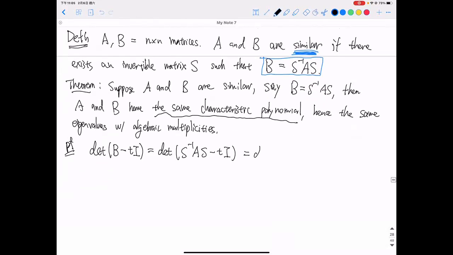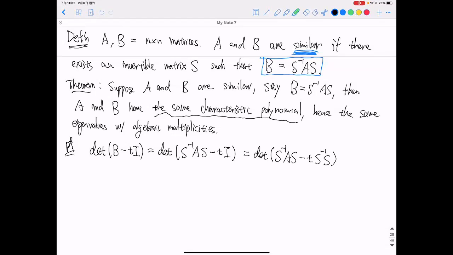Now, here's the trick we're going to use. The identity matrix is the product of S inverse with S, that's the definition of the inverse. S inverse times S is the identity, so I can write I as S inverse S.